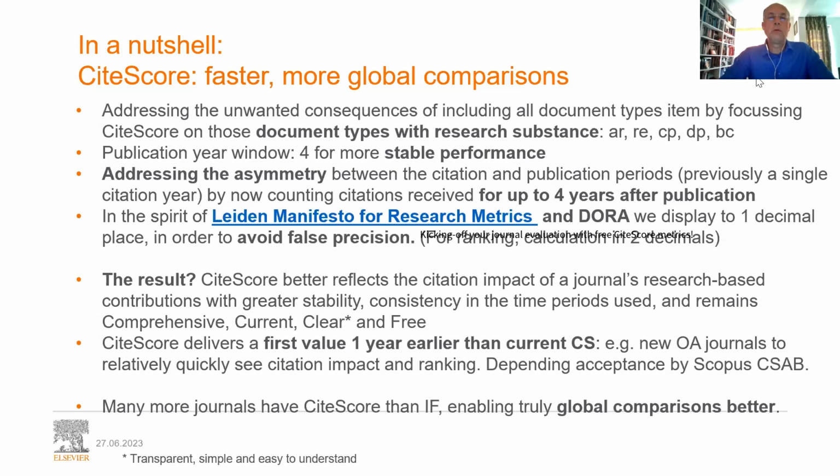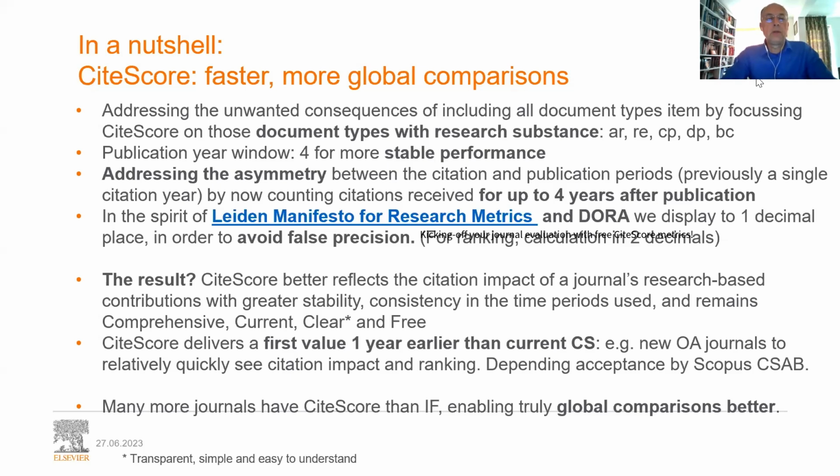But that was also based historically on the fact that the old-time computers couldn't process so much data. Nowadays, that obviously is not an excuse anymore. So we decided to change it from this asymmetry to a symmetrical approach where both the numerator and the denominator include 4 years of data.